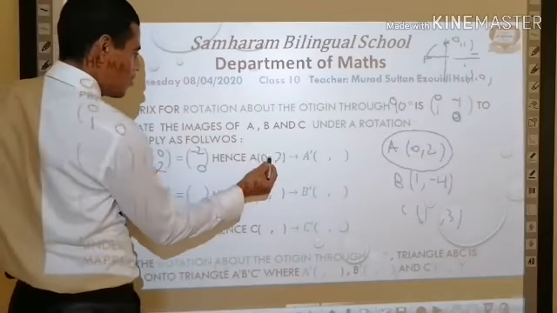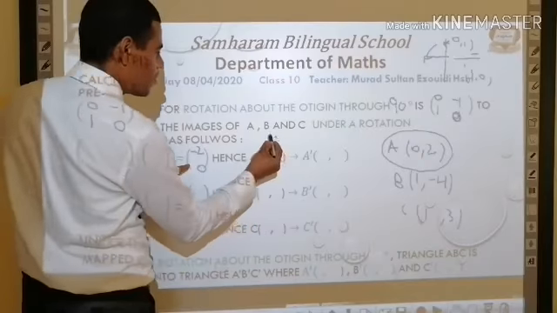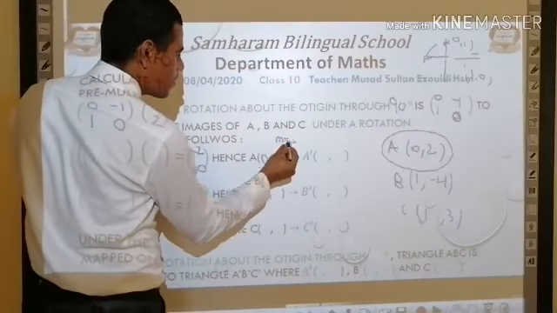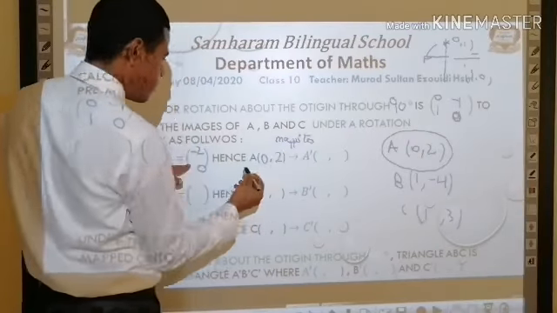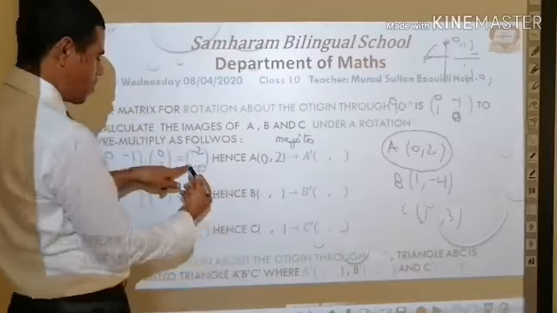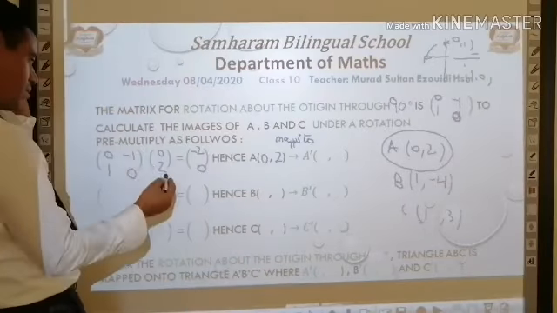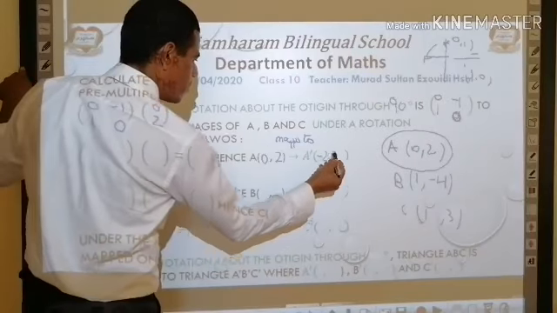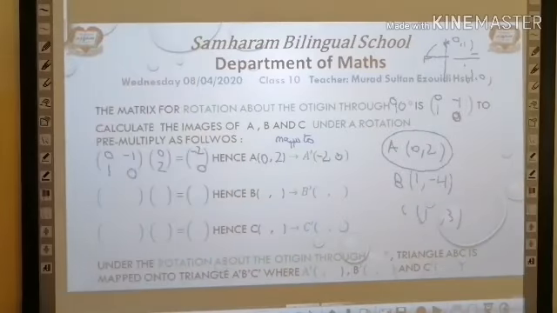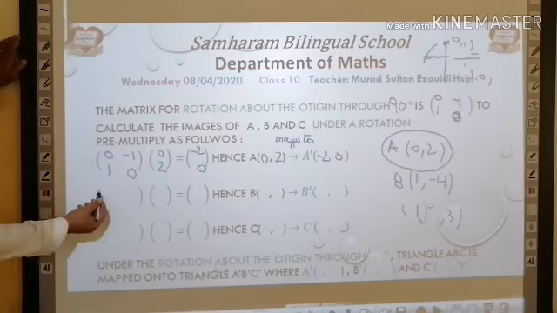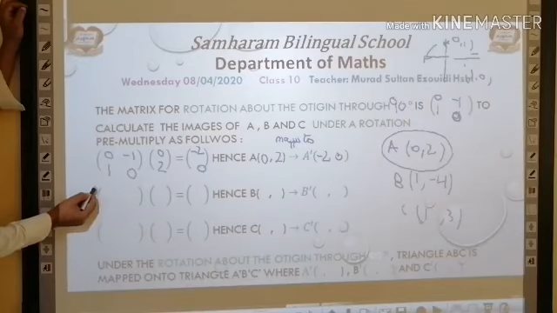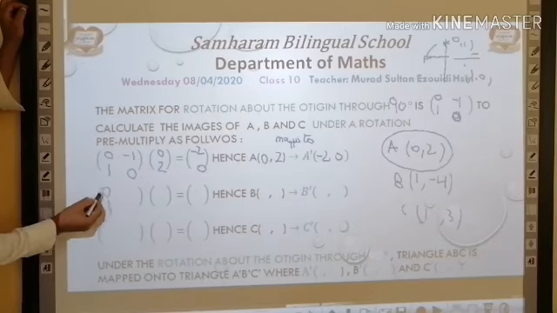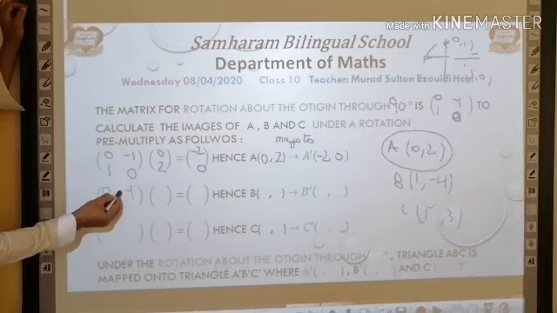Hence the coordinates of A is 0, 2, and this maps to negative 2, 0. The next one, here we have 0, 1, then negative 1, 0.